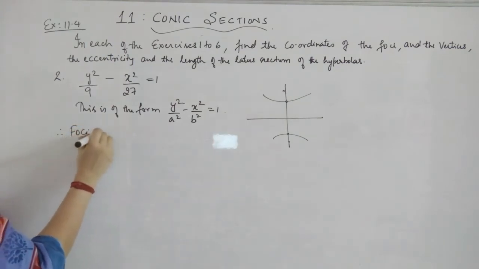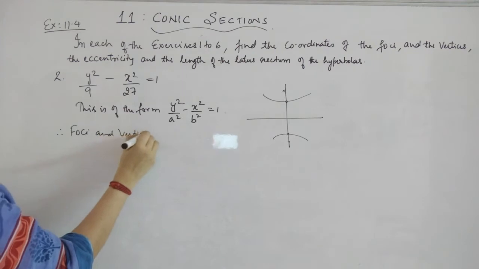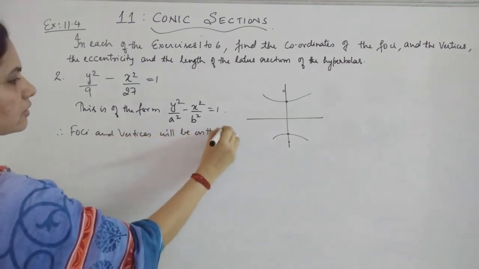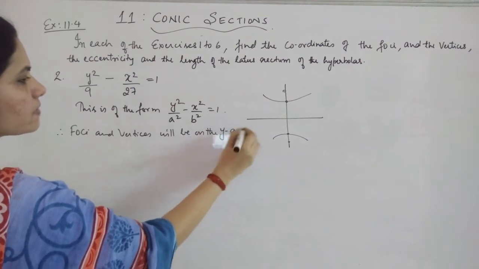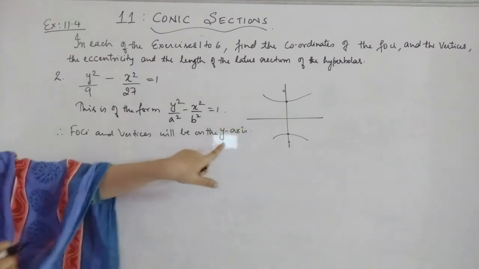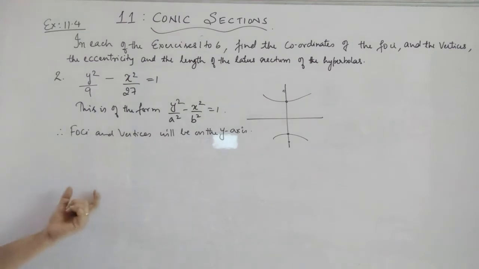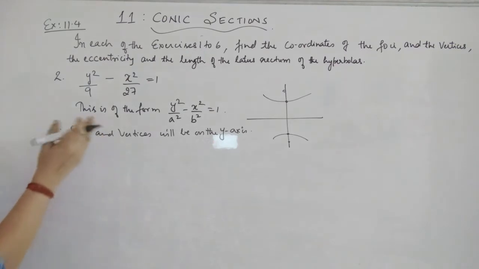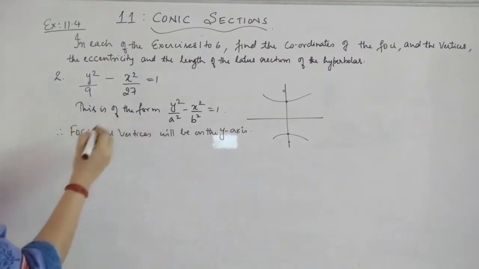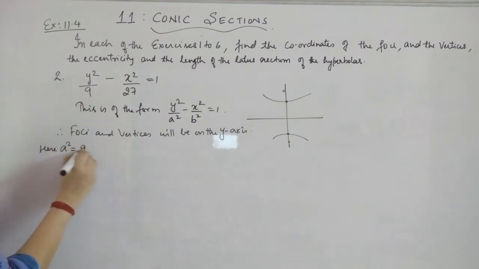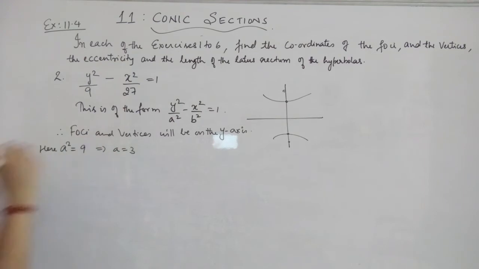Here the foci and the vertices will be on the y-axis. So when the axis comes as the y-axis, the coordinate form will be 0 comma plus or minus c and 0 comma plus or minus a, right? Now we will compare all the things. a square is 9, so you will get a as 3.